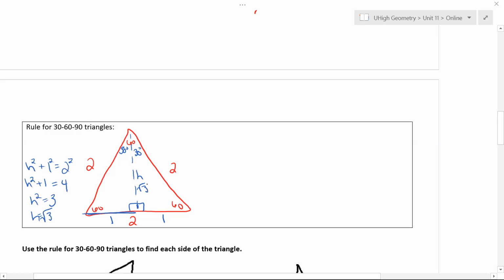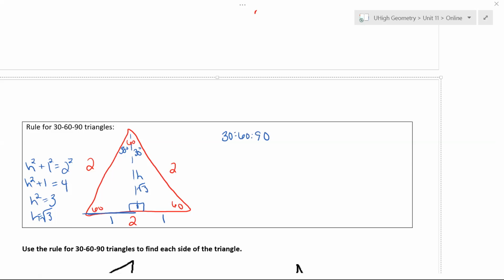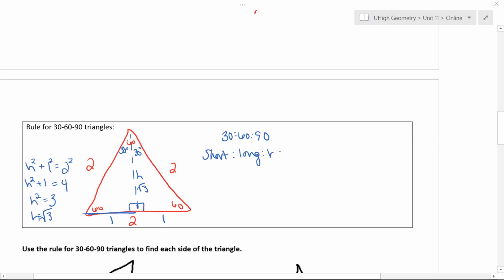So when I'm thinking about this, in terms that we've talked about before, if I have a 30, 60, 90 triangle, remember that we talked about this as being, we have a short leg, a long leg, our hypotenuse.